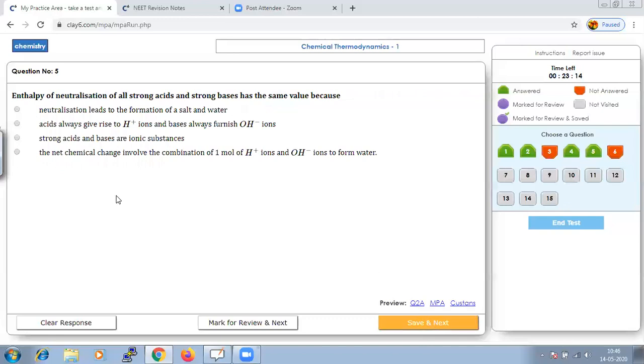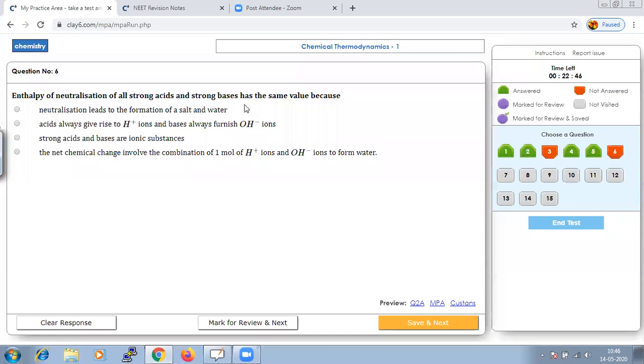Next question: the enthalpy of neutralization of strong acid and strong base has the same value, because why?